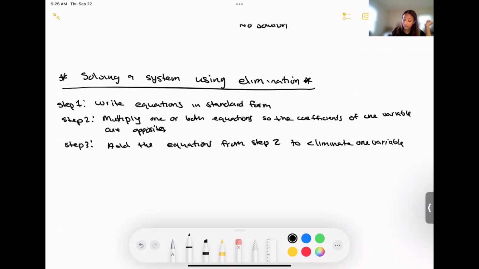And then for step 4, solve for the remaining variable. So you solve for the one variable that's left.